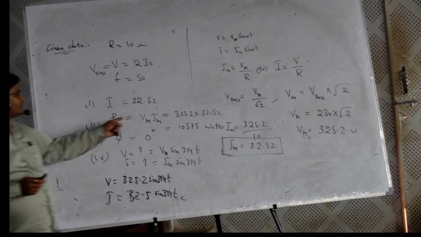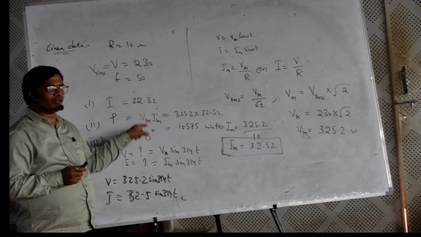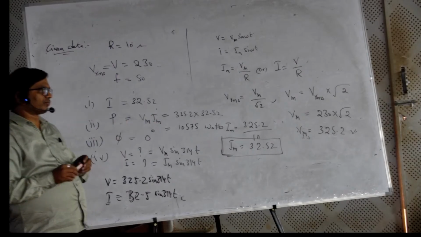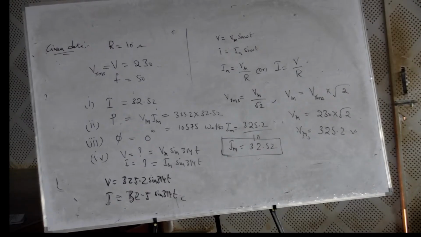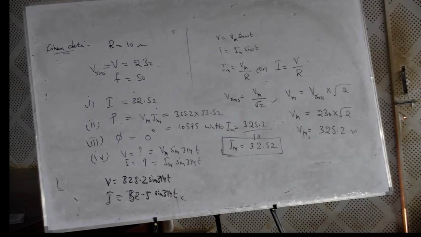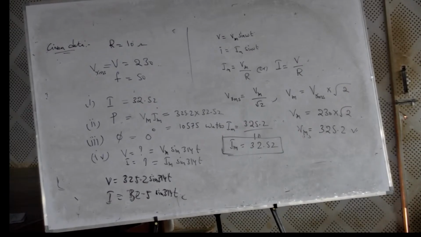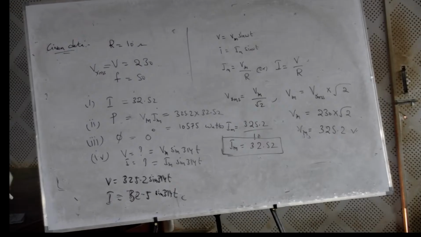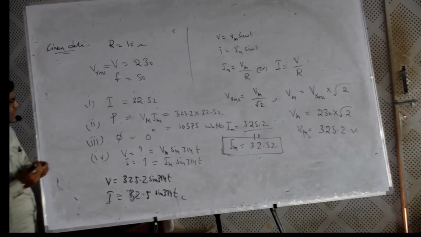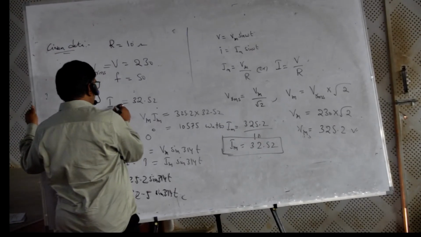Here we have taken maximum values. You can take RMS values also. IRMS is equal to Im by root 2. This is the Im value.